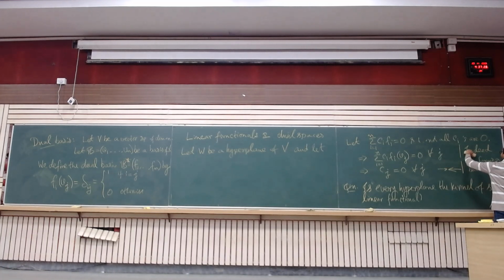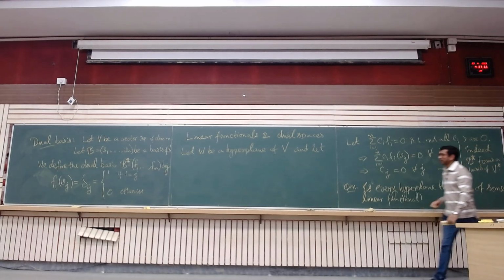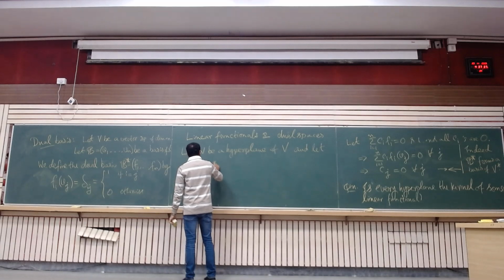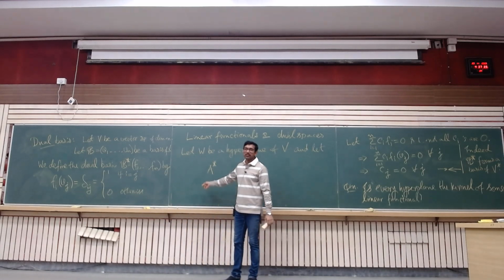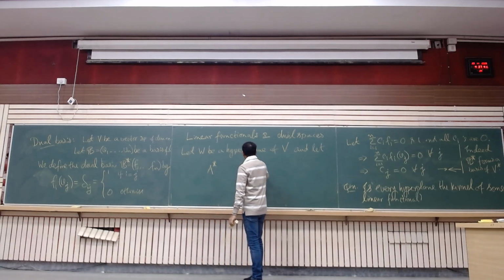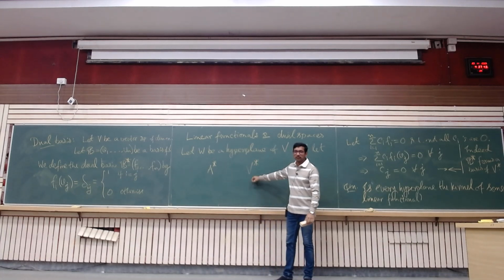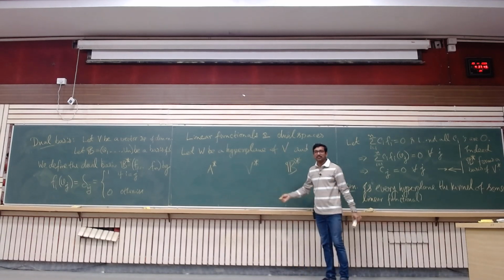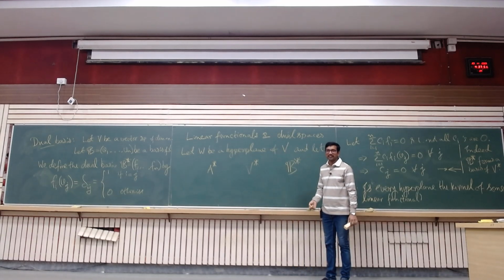Between a basis or a vector or a matrix, what should you distinguish? Well, if we write A star, that means A adjoint, not the dual of A. If we write V star, that means it's a dual of the vector space V. And if we write a basis and we write V star, that means it's a dual basis. It should be clear from the context what meaning this has.